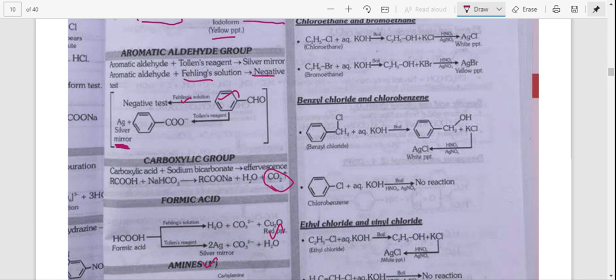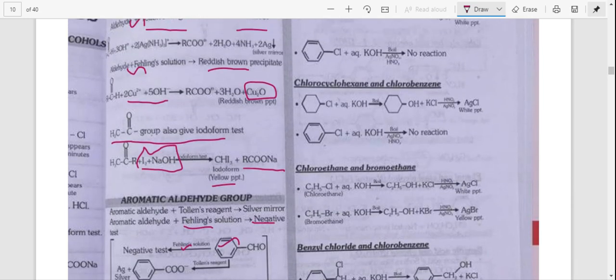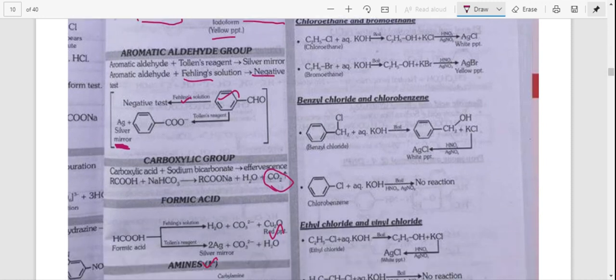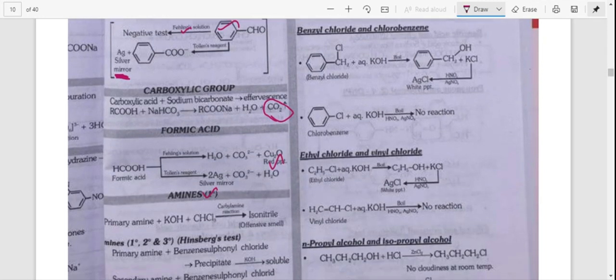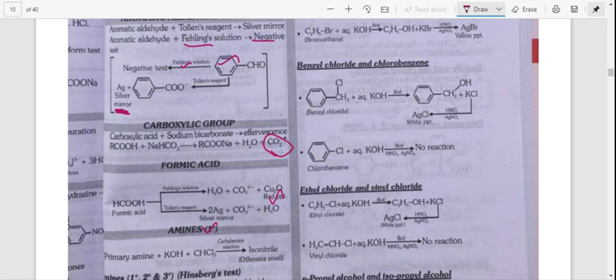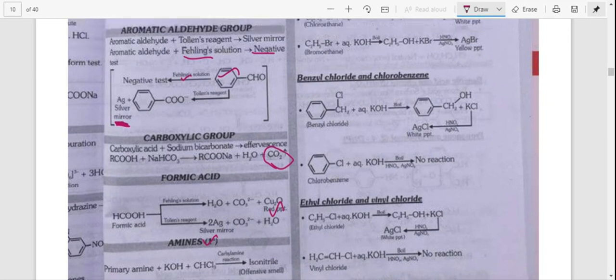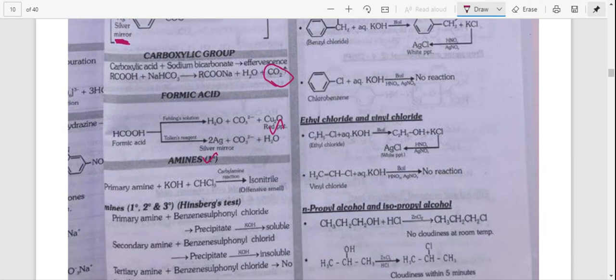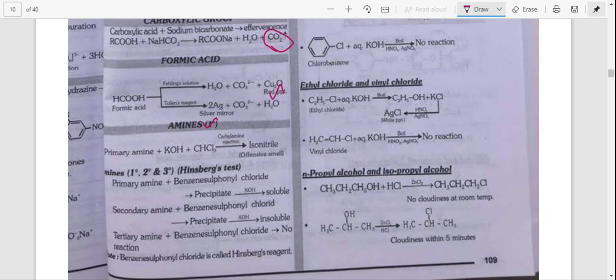And aromatic aldehyde will give positive test for Tollens reaction and negative test for Fehling solution. And aldehyde group will give both tests positive. Only Tollens reagent is positive for aromatic aldehyde. And for formic acid, both are positive tests.